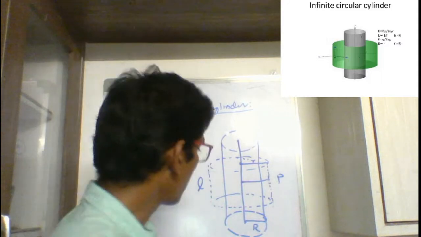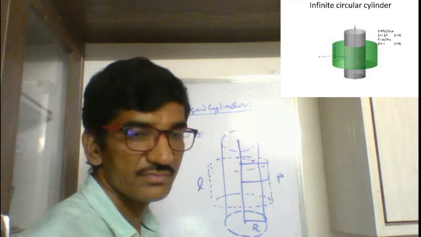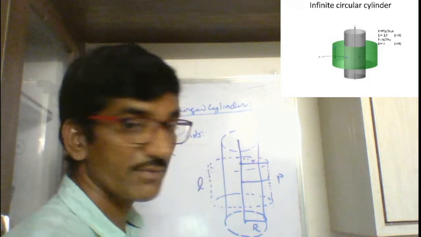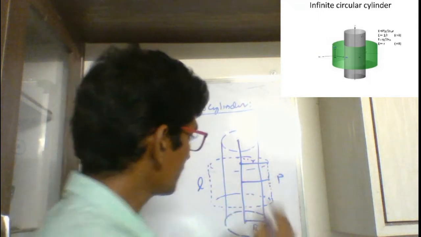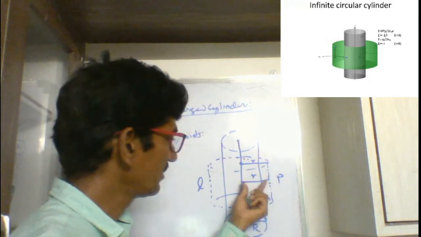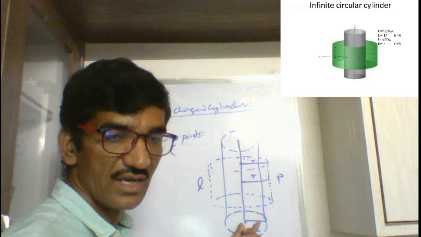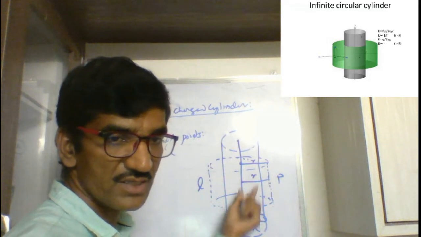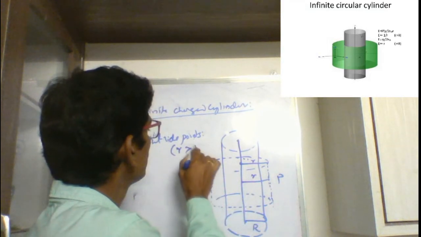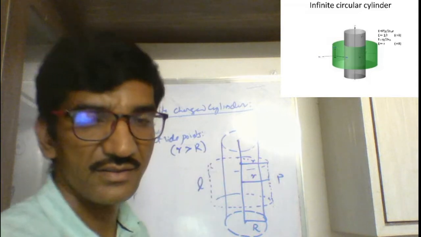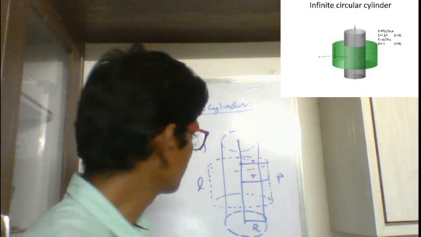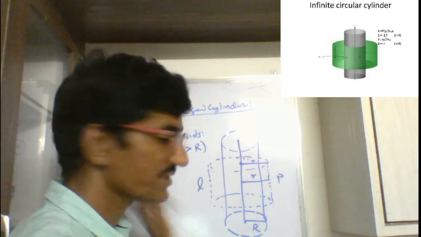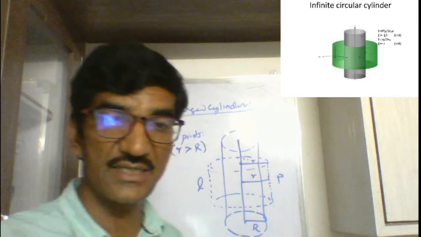Now, how to show the outside points mathematically? Small r is greater than capital R, the radius of the cylinder. This gives you case A, that means the field outside the cylinder.